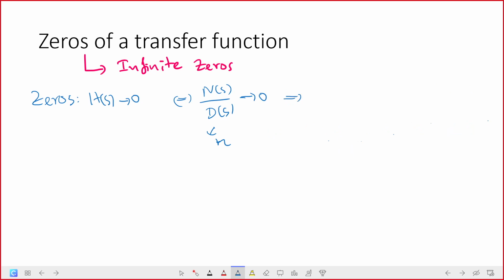Just say D of s tends to infinity, where the degree of D is greater than the degree of N.